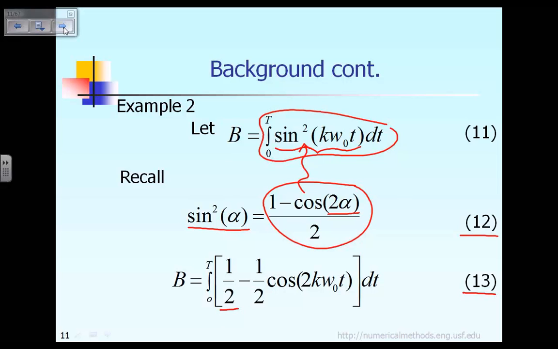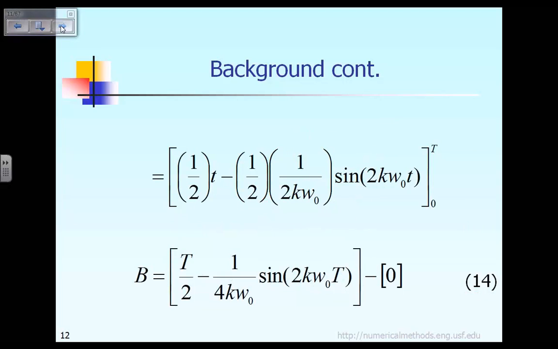The integral of the second term, which involves cosine of an angle, is straightforward. So we can evaluate the integral in equation 13 very easily, and after putting in the upper limit capital T and the lower limit 0, equation 13 becomes the equation shown on the screen.